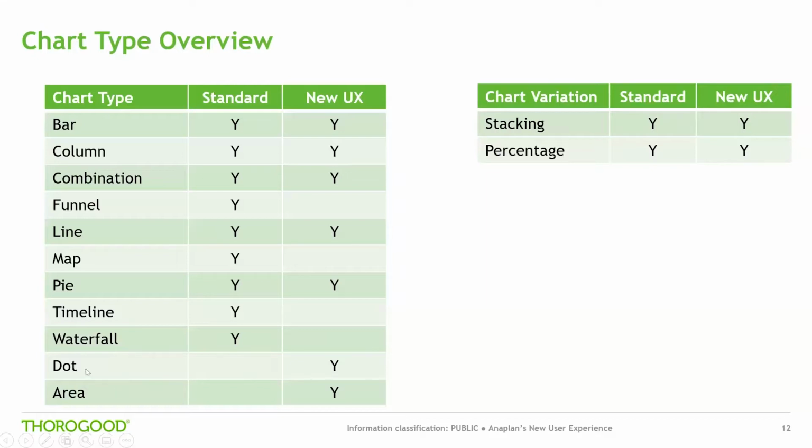Now the dot chart in fact is available to a certain extent in the standard version. It comes through on a combination chart as an option to show data, but in the new user experience, it's a full-fledged chart as well as being an option on a combination chart, and we've also got area as well. The standard stacking and percentage features are there as well, so that's good.